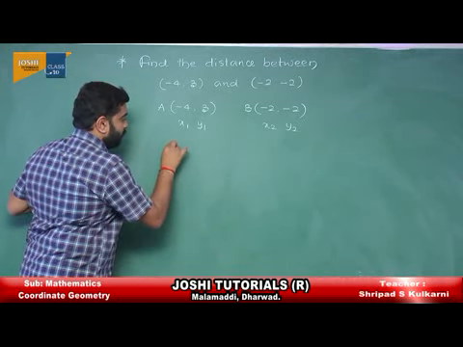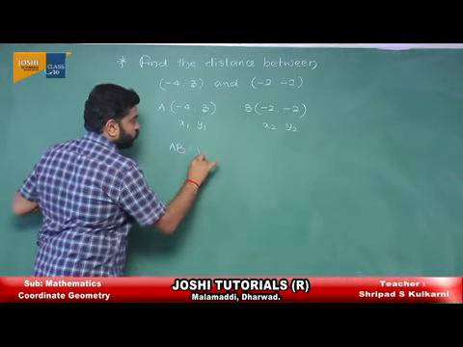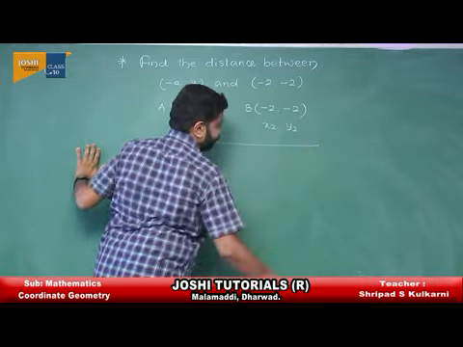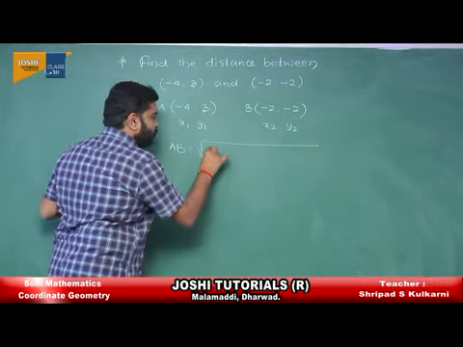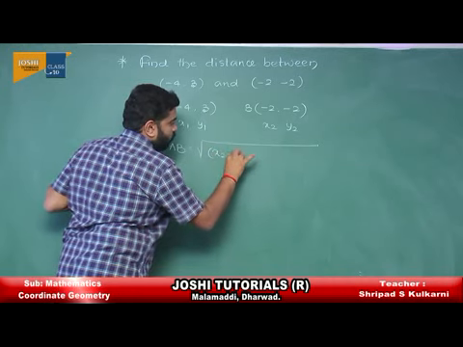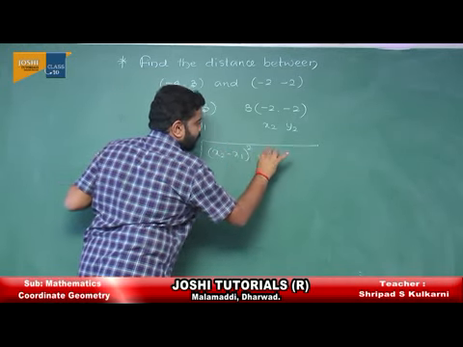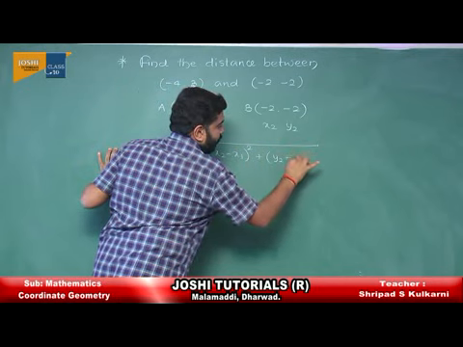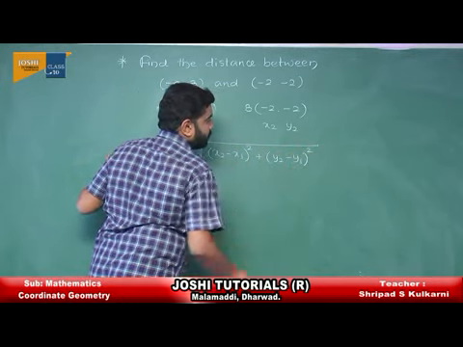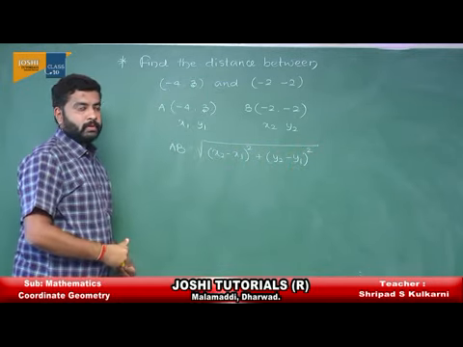I want to find the distance. AB is equal to square root of (x2 minus x1) whole square plus (y2 minus y1) whole square. Similar. Just look.